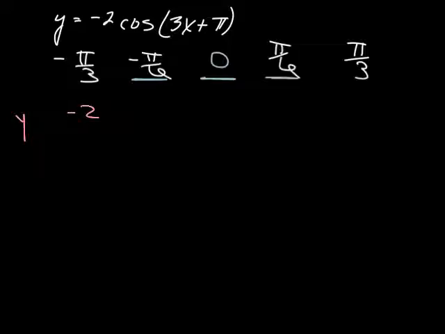And when I do the same thing with the negative pi over 6, I get 0, here I get 2, here I get 0, and here I get -2. So I'm not going to go through all the tables. You've done these over and over again. So again, I take the negative pi over 6, put it in here for x, multiply it by 3, add pi, take the cosine of that, multiply it by -2, and get 0.